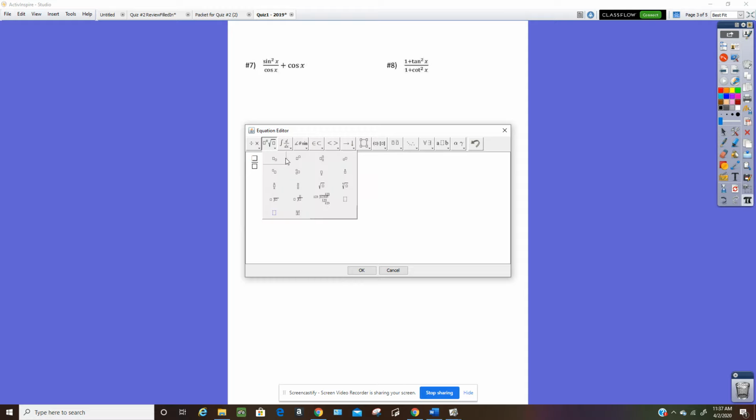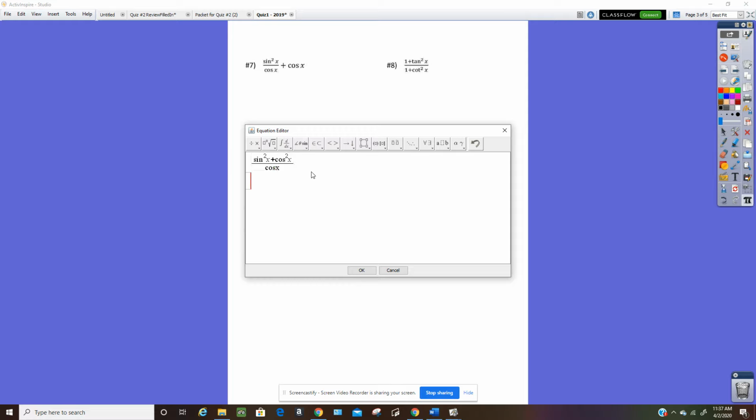So in the numerator, you have sine squared, and then plus, in order to get this with a denominator cosine, I have to multiply by cosine. So this makes that cosine squared x over cosine x.